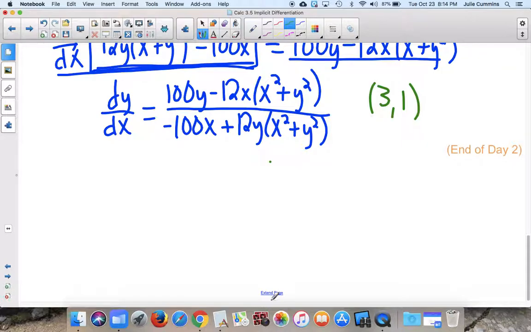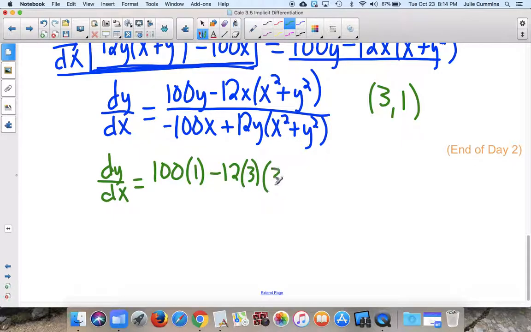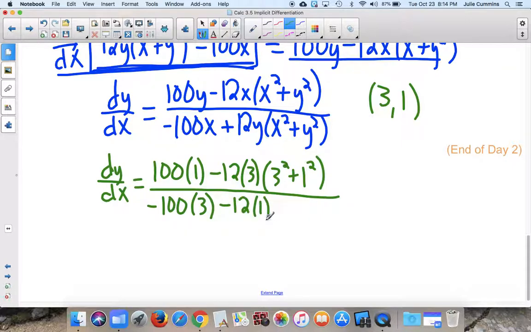So our slope, dy/dx, is going to be 100 times 1 minus 12 times 3 times (3 squared plus 1 squared), over negative 100 times 3 minus 12 times 1, times (3 squared plus 1 squared).